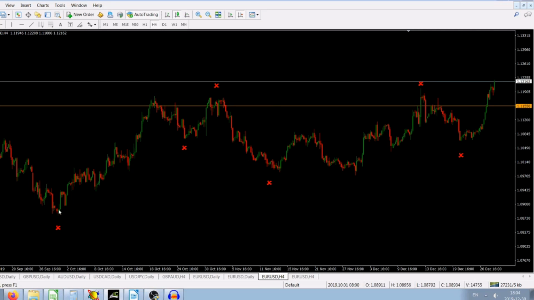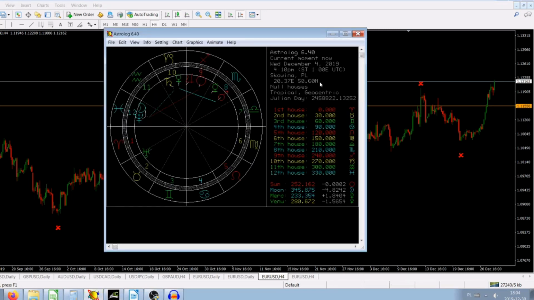Look, this is October 1st, 2019. And I've got here something called Astrolog. This is a very, very simple software which just helps you see the position of the planets. I will go to October the 1st.